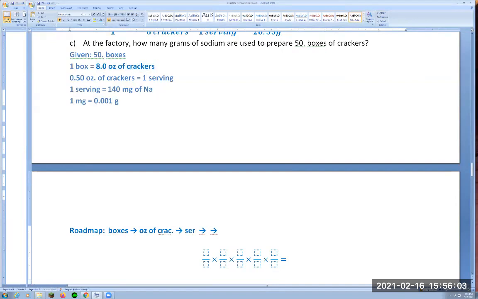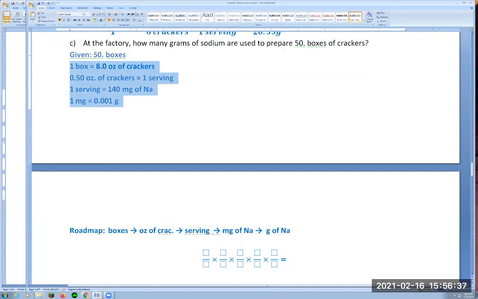From the serving, we know the milligrams of sodium. And then from the milligrams of sodium, we can get the grams of sodium. And that's what the question was asking: how many grams of sodium are used to prepare 50 boxes of crackers? So we have a lot of conversions here, 1 arrow, 2, 3, 4, and we do have 4 equalities here. So we are all set.